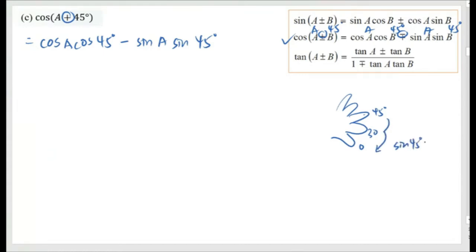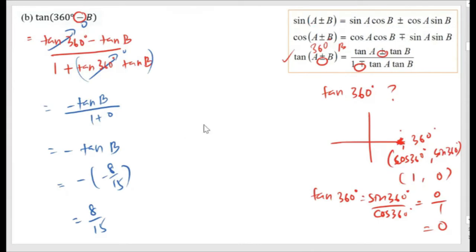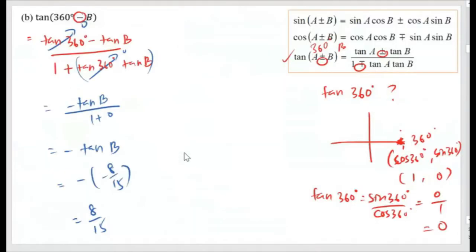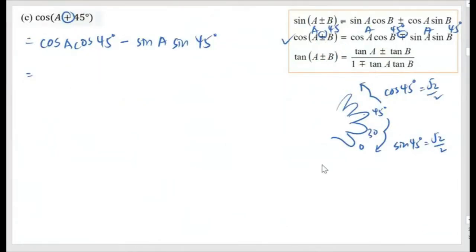Sine 45 equal to square root 2 over 2. Then cos go up. So your cos 45 degree also equal to square root 2 over 2. So cos A and sine A from just now, the value for cos A is negative 4 over 5. Then the sine A is 3 over 5. So we substitute inside, cos A.